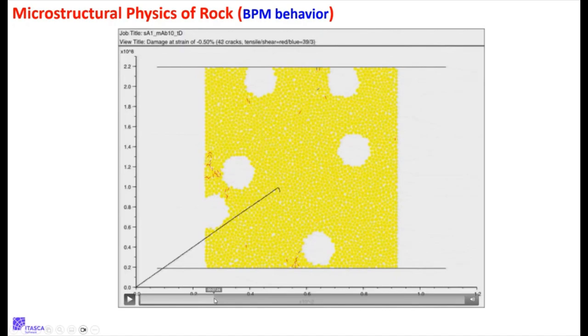That starts to form. It's manifest in the fact that the measured force was dropping a little bit. And it's forming because when we load a circular hole in compression, it generates tension above and below. And there's high tension here, and that's what makes this fracture start to form.